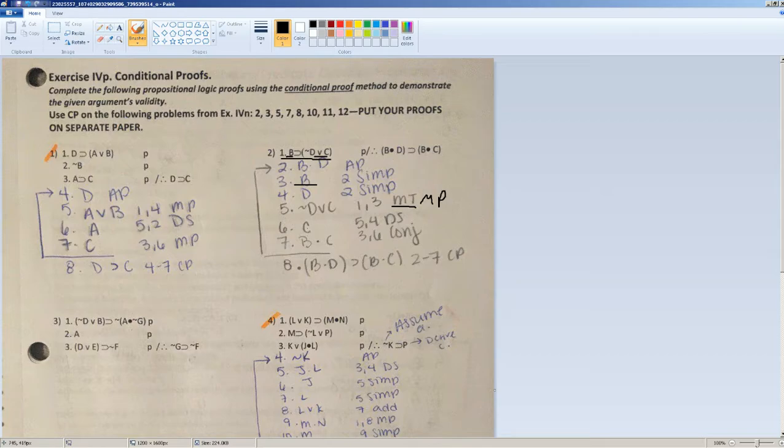And then you got C from lines 5 and 4. So again, that comes down to semantics, where you should double negate D, so then you have a not here, so you can do a disjunctive syllogism.